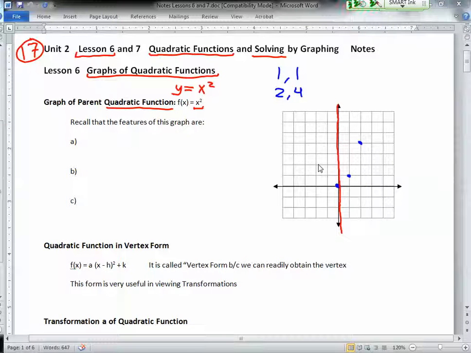That's my line of symmetry. That means I'm also going to have the points -1, 1 and -2, 4 on there. And again, the name of that curve is called a parabola.